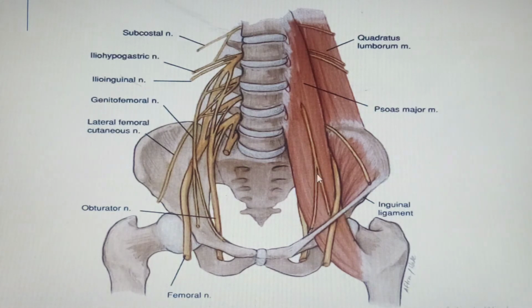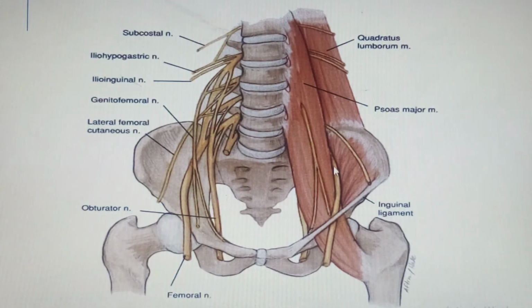Now, the lateral branch gets to the femoral area to supply the skin around the femoral triangle, giving it some continuous sensation over there. So get to know the genitofemoral nerve pierces through the psoas major muscle.